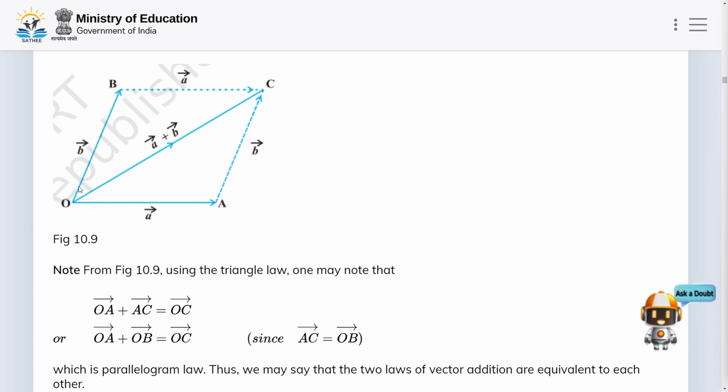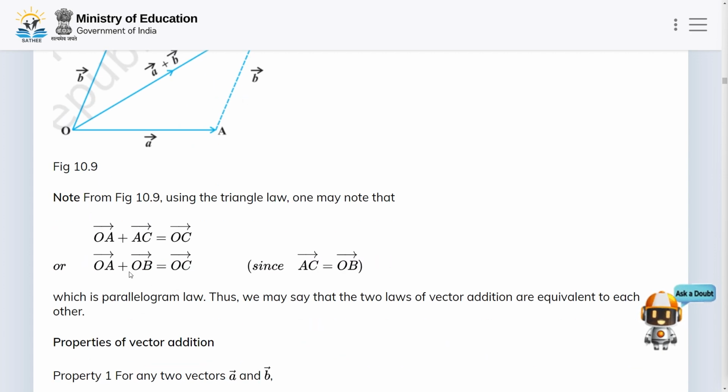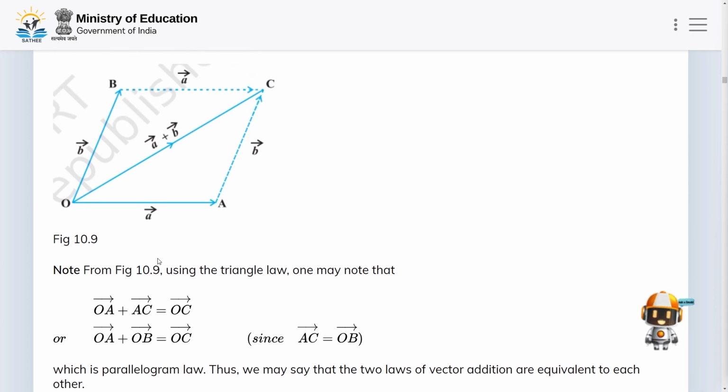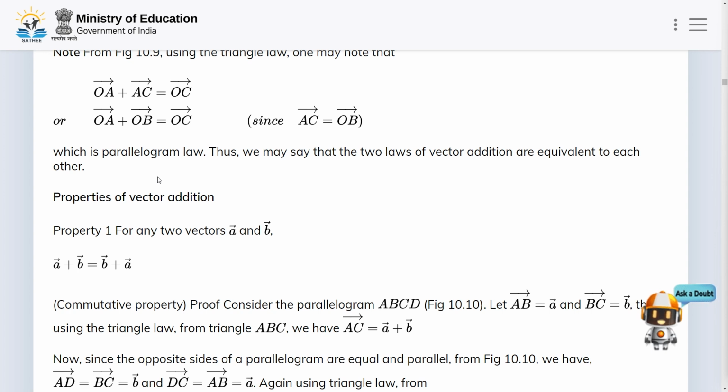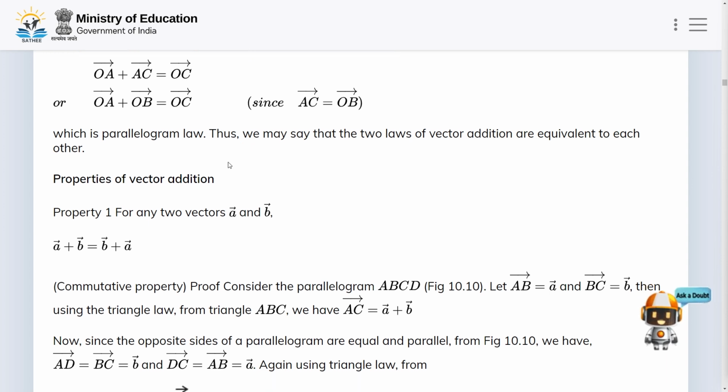In other words, AC is the same as OB. So OA plus OB is equal to OC, since AC and OB are both the same. Okay, so this is the parallelogram law. Thus we may say that the two laws of vector addition are equivalent to each other.